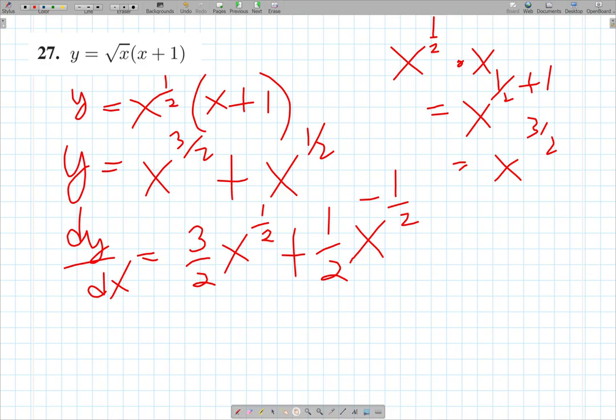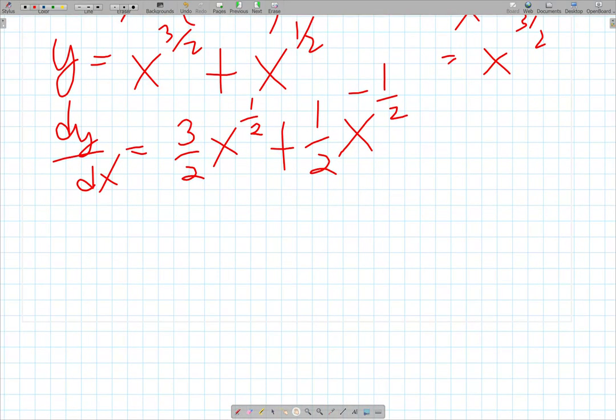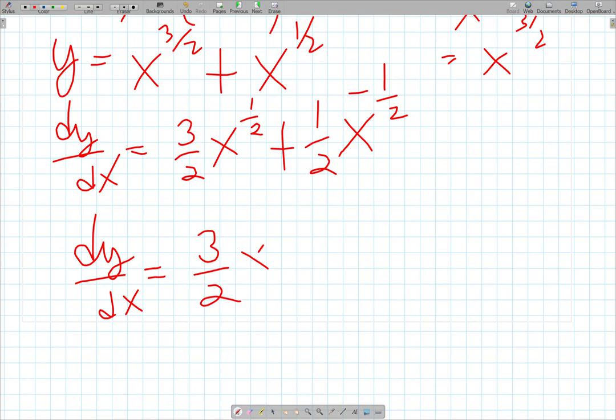Okay, so simplifying. Dy over dx is equals to 3 over 2 x to the 1/2 plus x, no? 1 times x to the negative 1/2, that is x to the negative 1/2 over 2.